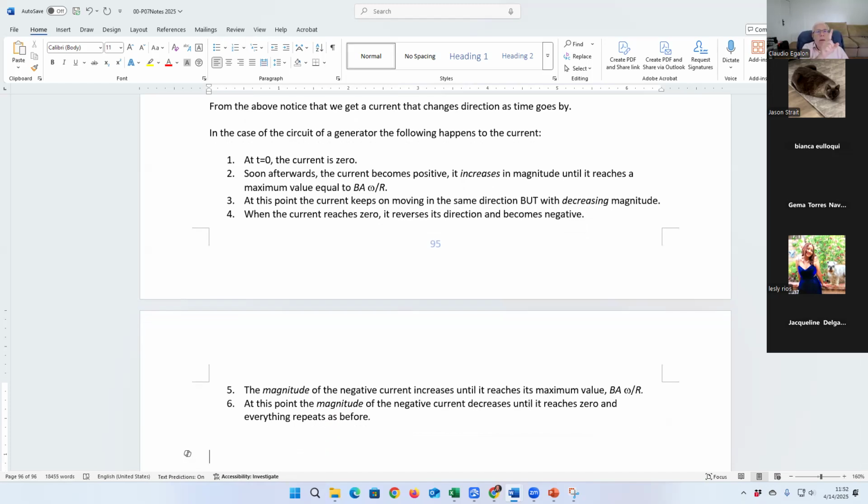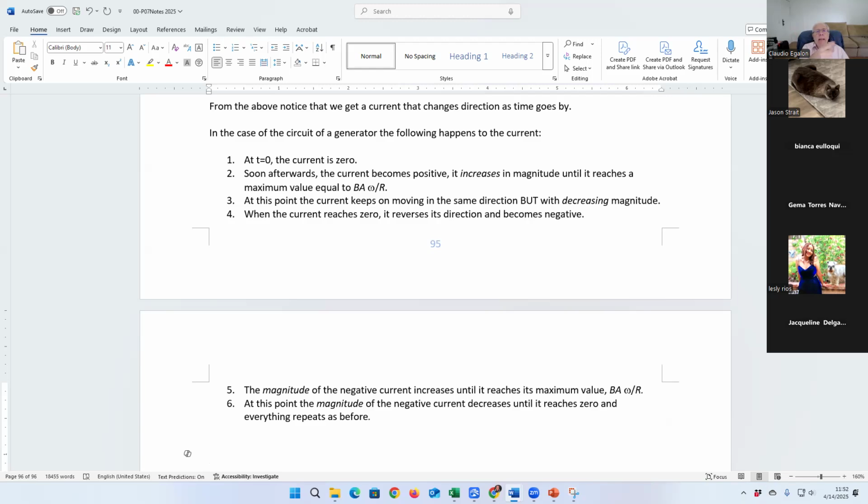The current is initially zero. So what's the motion of the current? It is the motion of the electric charges. The tip of my finger can be the electric charge that's moving.